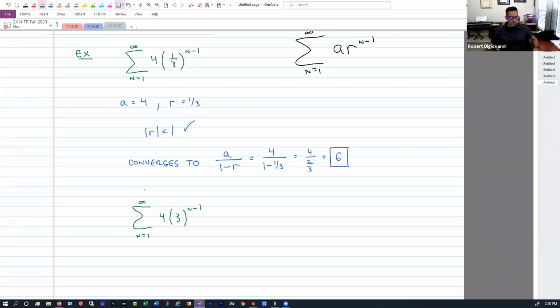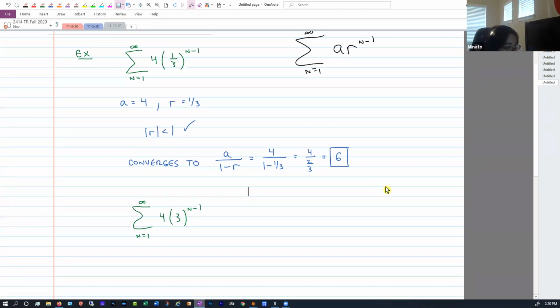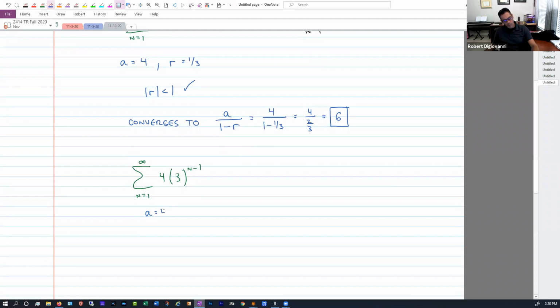Let's do another one. How about this one? Is that geometric? Yes. A is 4. R is 3. Is the absolute value of R less than 1? No. What does that mean?